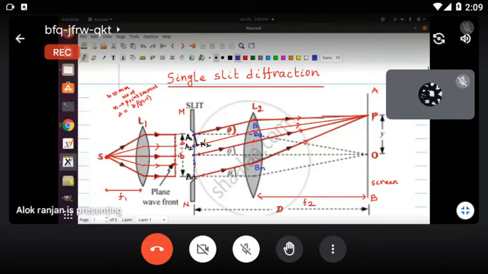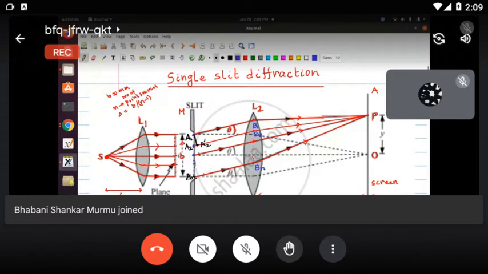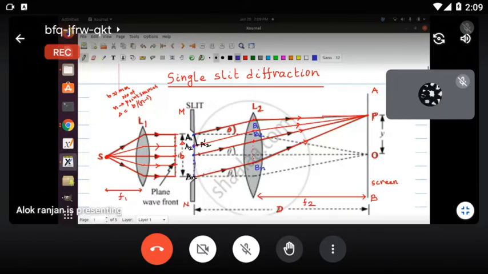And as we have seen in yesterday's lecture, because the lens L1 is kept at a distance F1 from the source S, therefore this end we will generate parallel beams of light, and therefore we have a plane wavefront. Okay, and you can see these red dots.